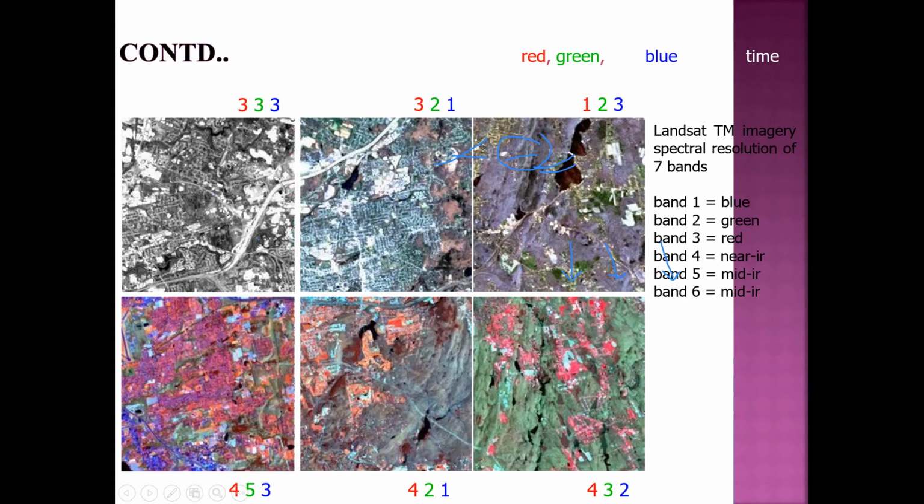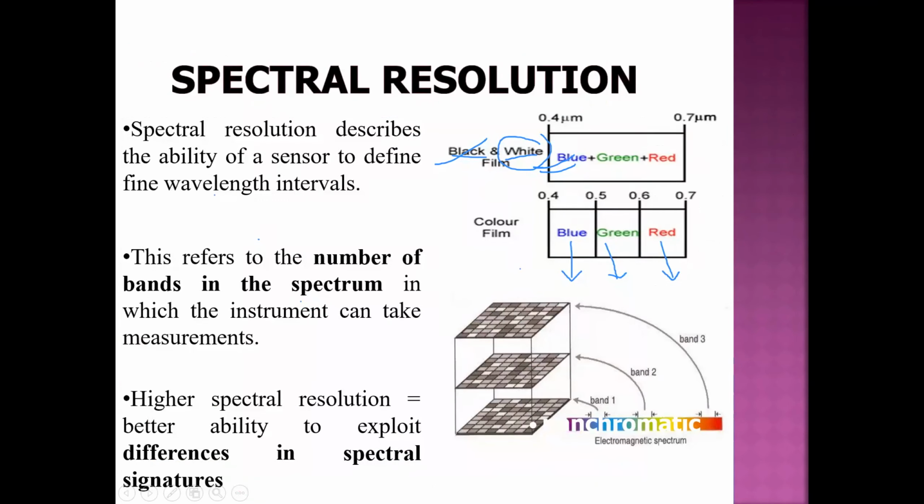In this image the water body is not detected clearly, but in another image you can detect it. So different types of objects can be easily understood with different band formations. That is called spectral resolution, in terms of wavelength.